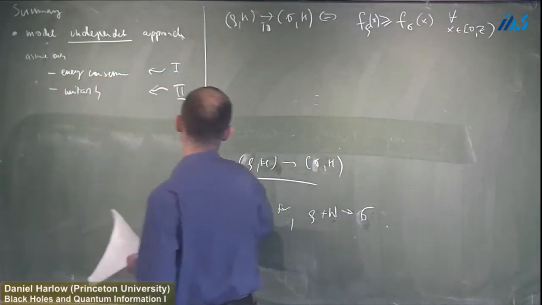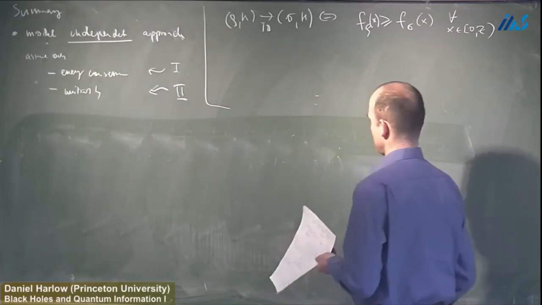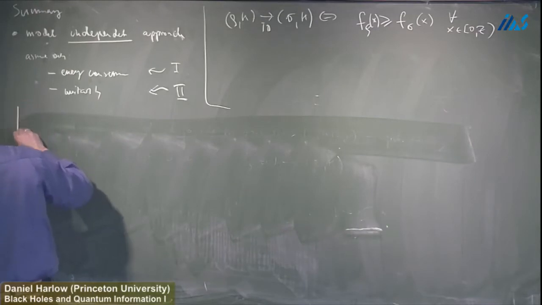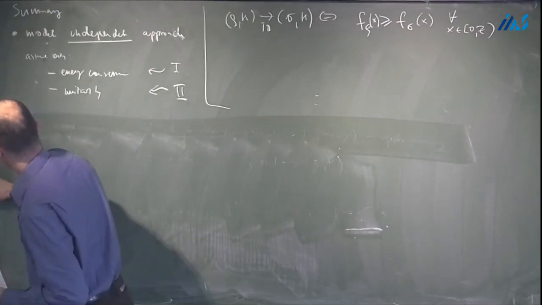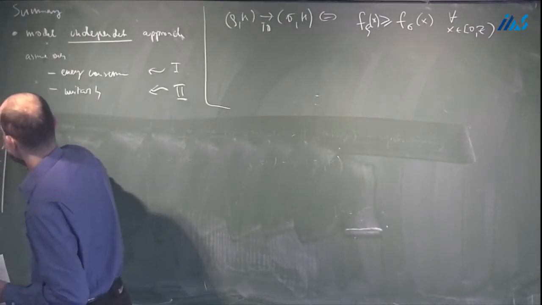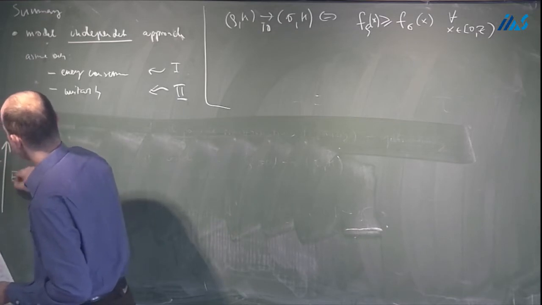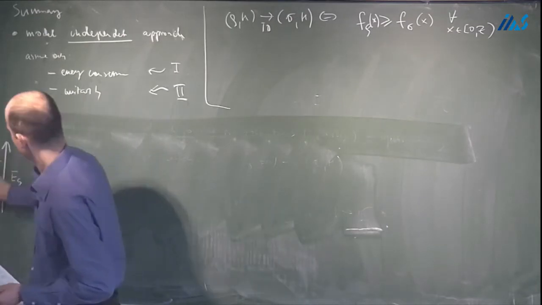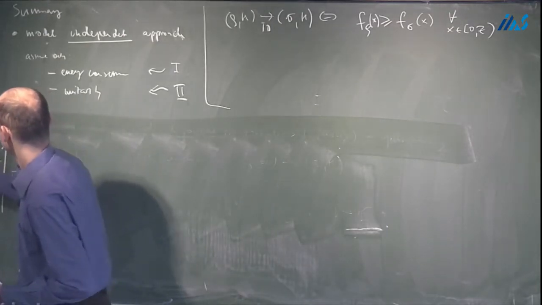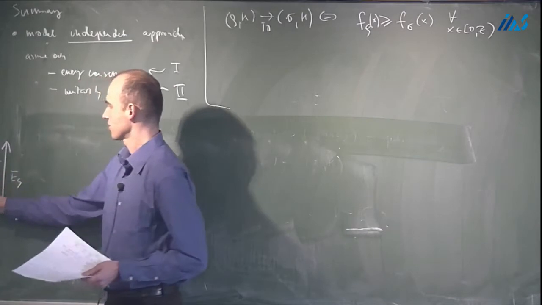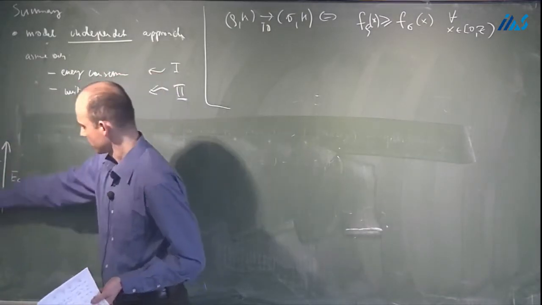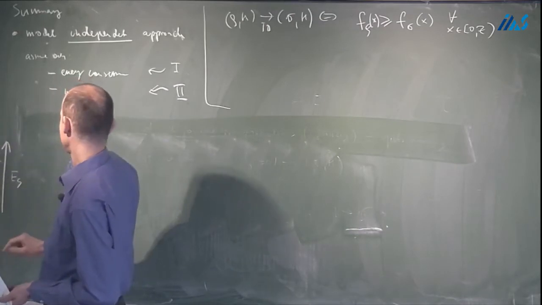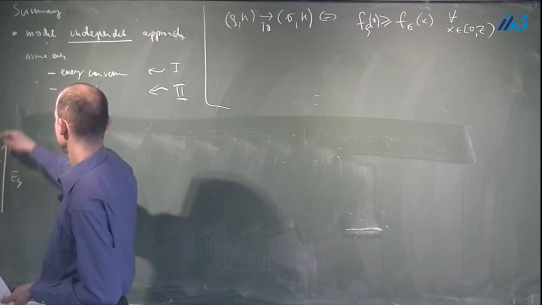In my old drawings, the entropy of the system was here the smallest and here the largest, and the energy of the reservoir was going down in this way.